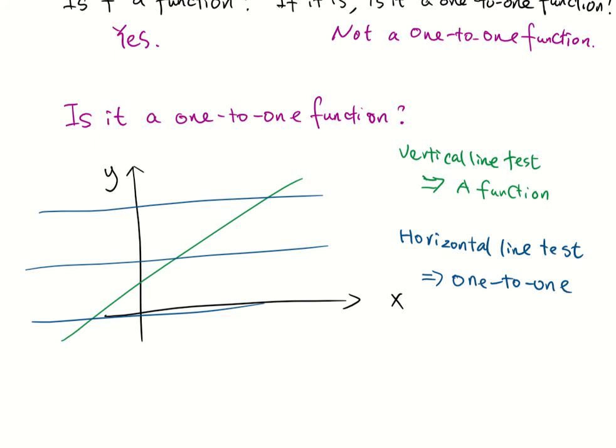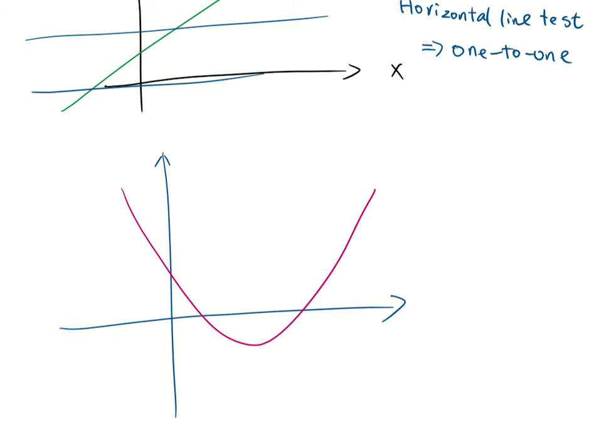That means for each input, there's exactly one output, and for each output, there's exactly one input. So to decide if a graph is a one-to-one function, you need to pass both the vertical line test and the horizontal line test. For example, here we have a parabola.